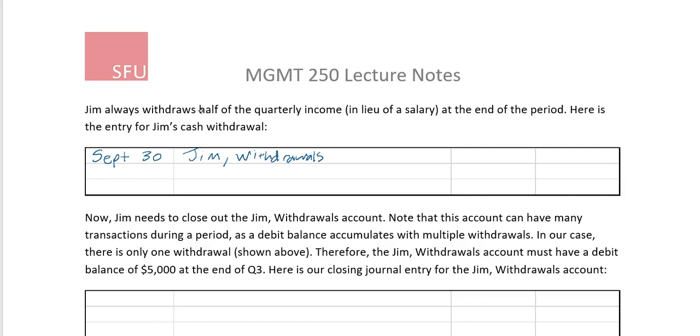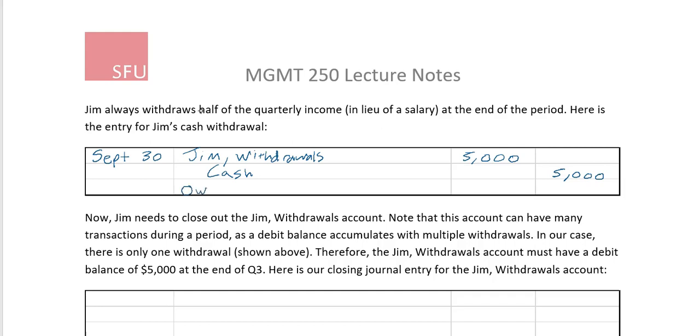So the withdrawals account is called Jim Withdrawals, and the transaction happened on September 30th. It will be $5,000, half of the quarterly income. And of course, the credit will be the cash, because whenever the cash account goes down, we credit it.